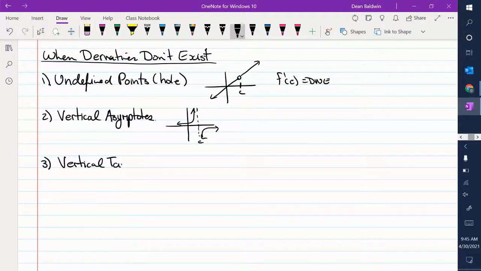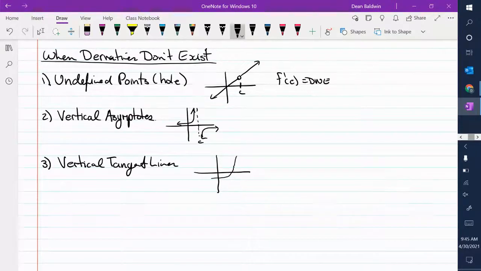Vertical tangent lines. Does anybody remember, you've all taken Chem 12, right? Do you remember buffers in Chem 12? Remember a buffer graph that looks like this? Everybody's nodding with such happy faces. Everybody loves chemistry.